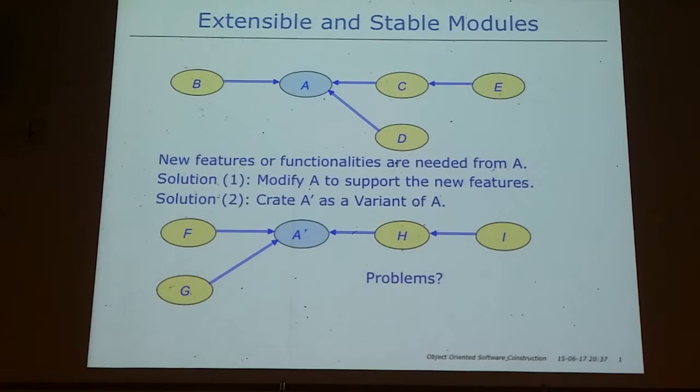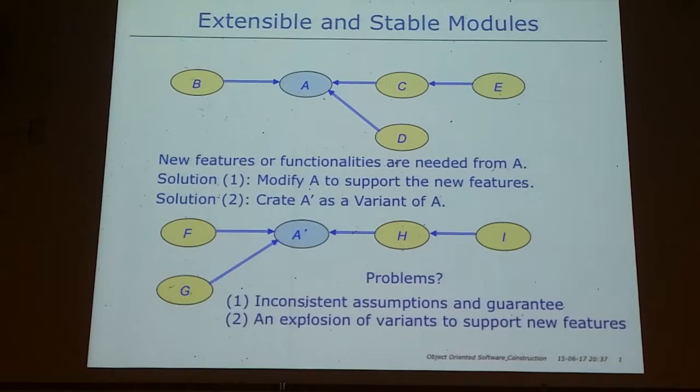Okay, problems. So now for the first one. So here you can see that it's actually exactly what I said. So now you can see that if you simply just modify A, so let's have a look at this. So let's say this is the old clients, this is the new clients.